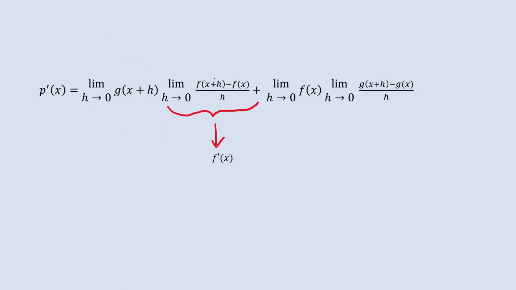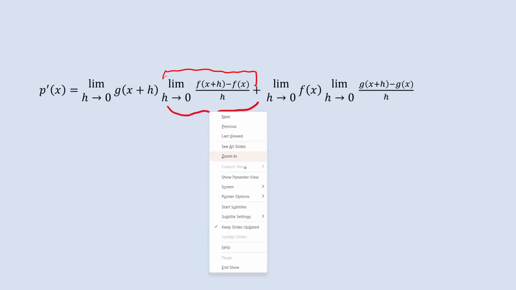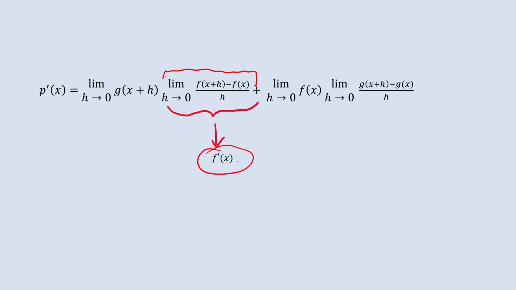All right, let's move to the second part. Now for the second part, we're going to look at limit as h goes to 0 of f of x plus h minus f of x all over h. Hopefully by now, you recognize that that is simply the definition of the derivative f prime x. Awesome. All right, well now let's look at this third part.